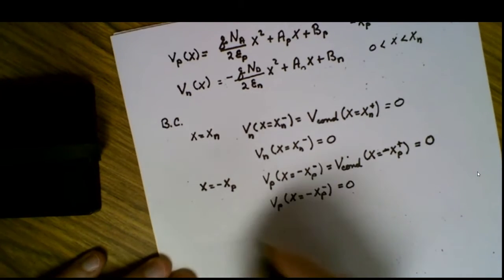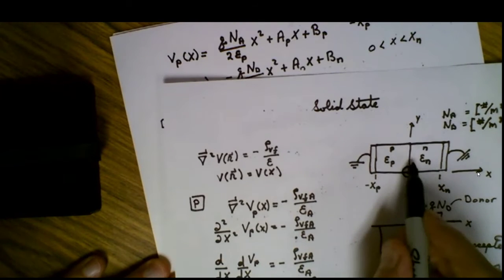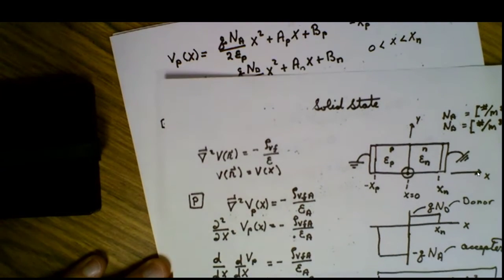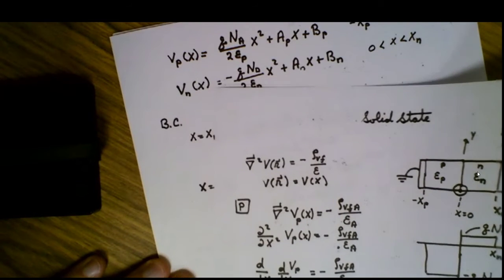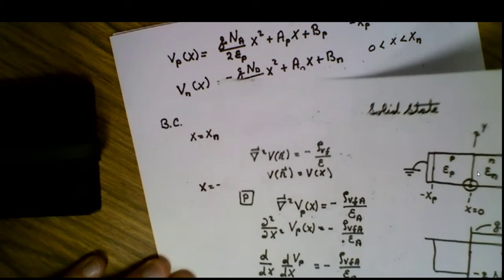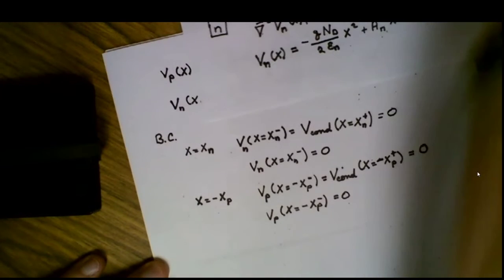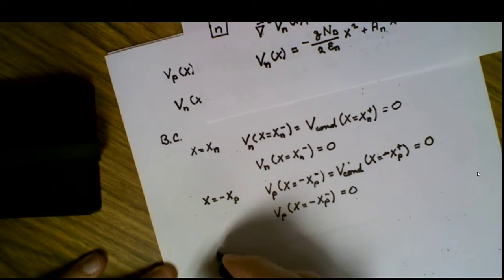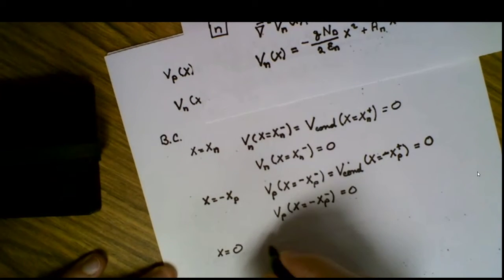Let us look at another boundary condition. Well, the only boundary that we have left is the semiconductor boundary. And we know that the potential must be continuous across that boundary. Therefore, at x is equal to 0, we have two boundary conditions.